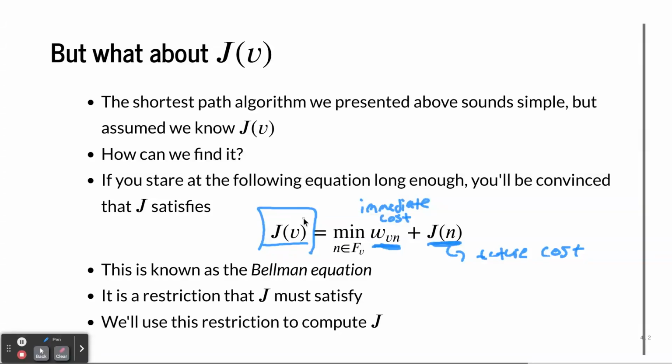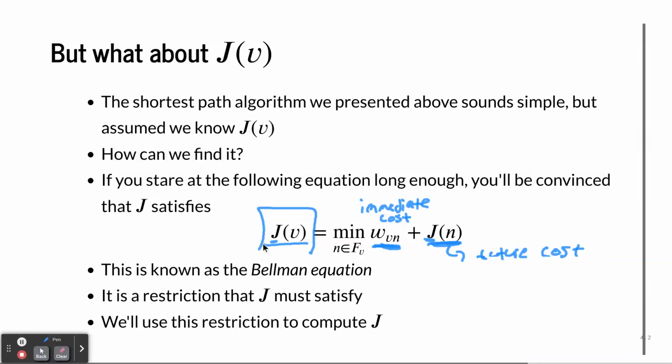Now notice that this function here, we're kind of defining J, something that we just argued was unknown, in terms of itself. This is called a recursive function, or the recursive formulation of the cost to go. Now, this should be very reminiscent if you've studied some intermediate to advanced macroeconomics.